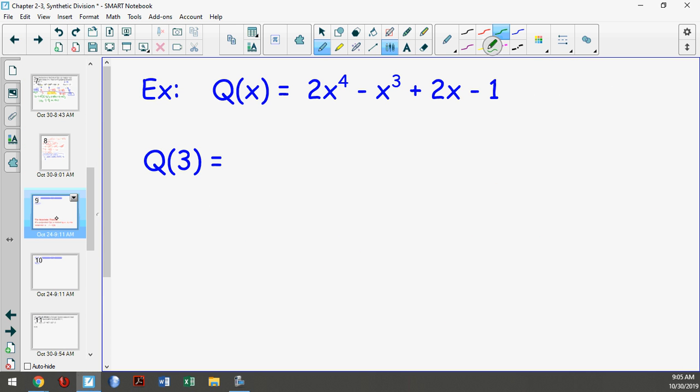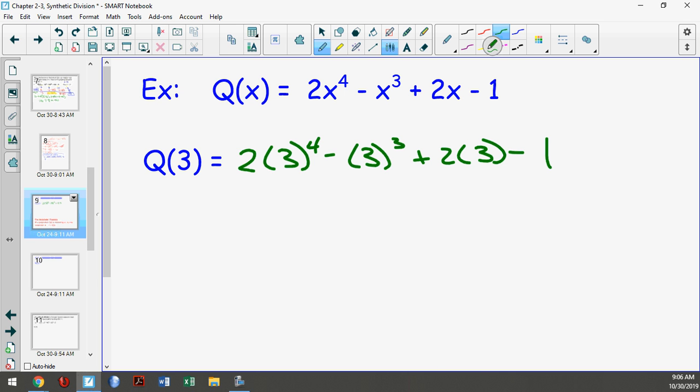Okay, now, the next thing that you need to know about is going to be q of x equals 2x to the fourth minus x cubed plus 2x minus 1. If I tell you to do q at 3, what are you going to do? Plug 3 in for what? X. So that's going to give you a 2 times 3 to the fourth minus 3 cubed plus 2 times 3 minus 1.